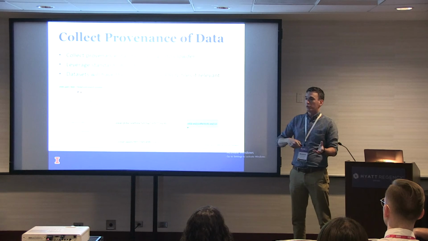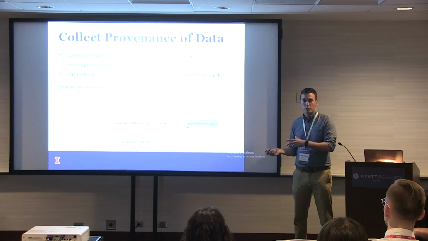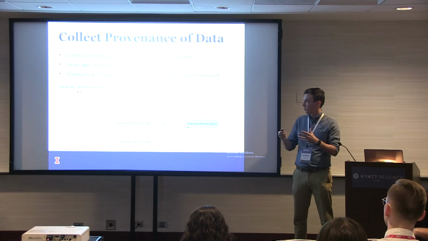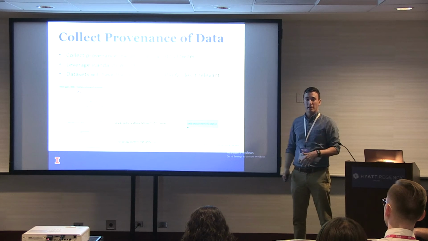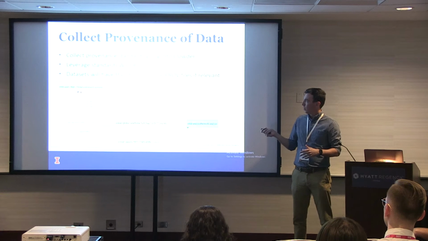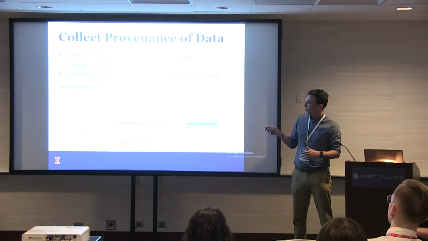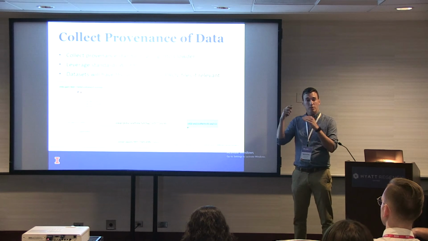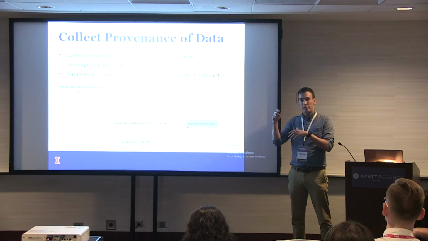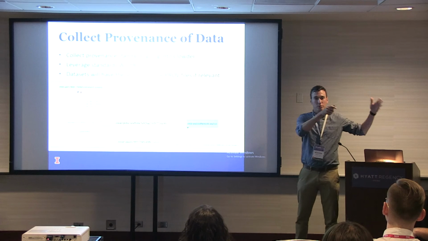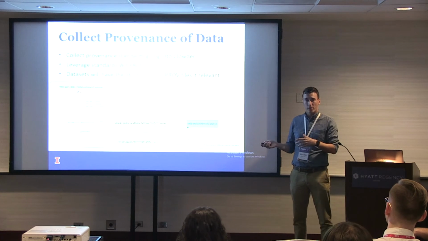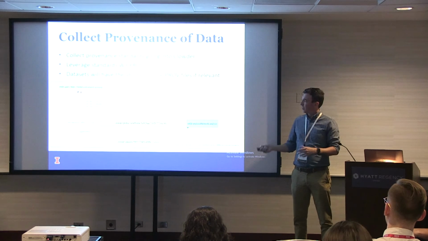So it will track the search terms you use to search your social media data. It'll track the different parameters that you use during each analysis tool. And when you export the data, we'll export a file along with it using W3 provenance standards. And you'll be able to actually look at it and say, here's all the things that happen to the social media data to take it from a search all the way to your final result. And we'll export it with your data over to Clowder.